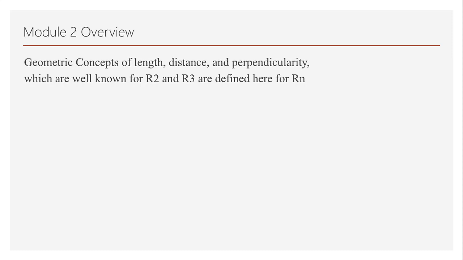So you know the length of a vector, the distance between two points in R2 or R3, and the perpendicularity of two vectors. In this module, we are going to extend these concepts in a generalized manner, that is, to Rn.